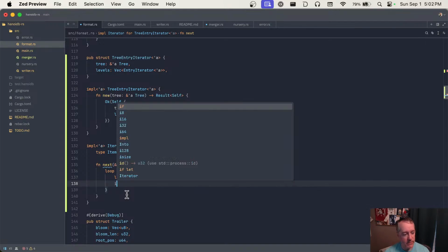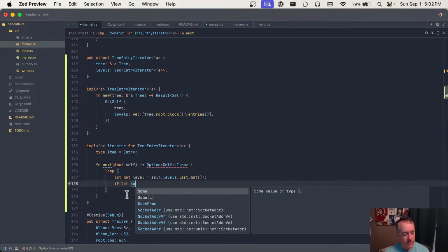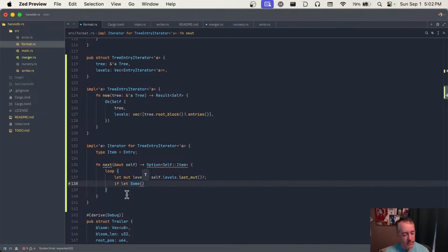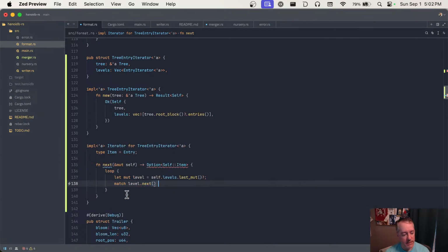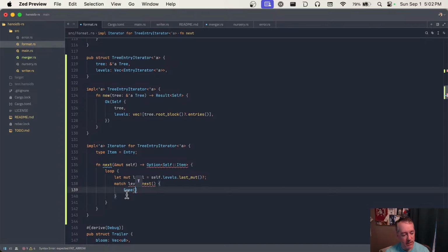Okay, so let's do the naive one. So if we say if level dot next is some, and this is going to be an entry, right? And this is entry key value, and we don't care.